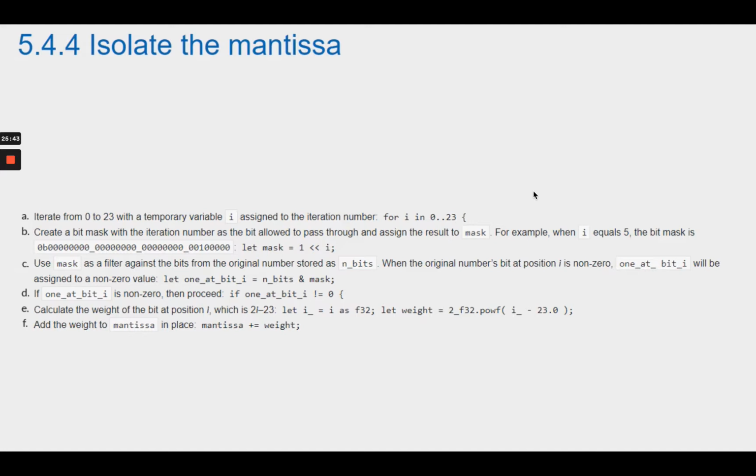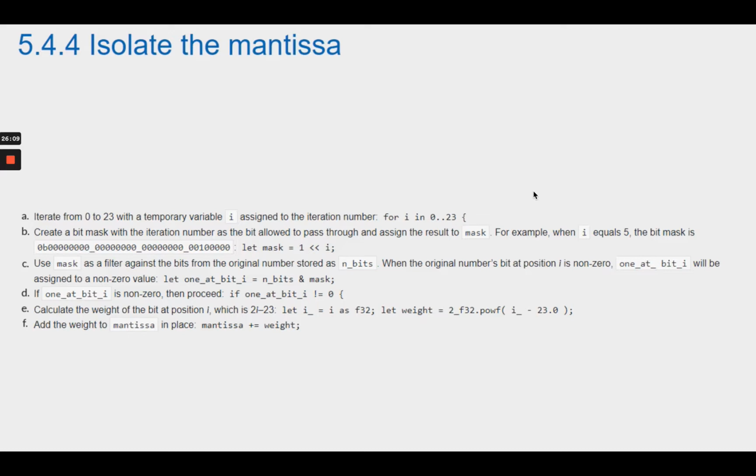For example, when i equals 5, the bit mask is this. C. Use mask as a filter against the bits from the original number stored as n_bits. When the original number's bit at position i is non-zero, one_at_bit_i will be assigned to a non-zero value.